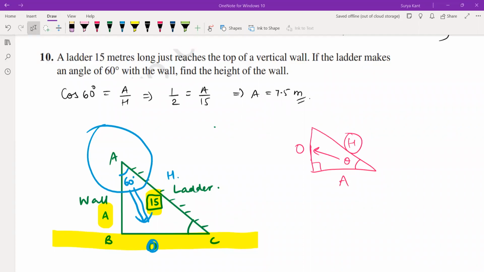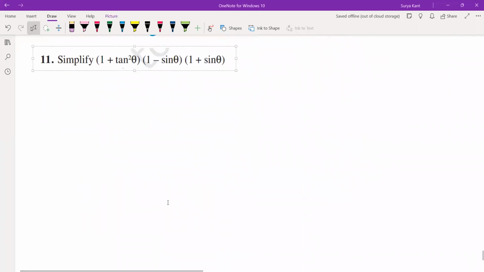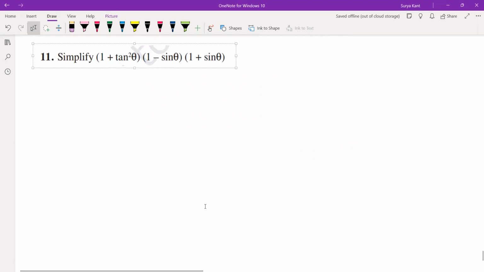Question number 11 is simplification: 1 plus tan square theta into 1 minus sine theta. So simply you convert it to sine and cos. That's it.